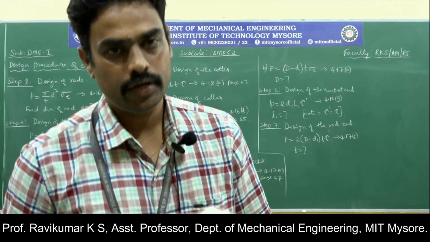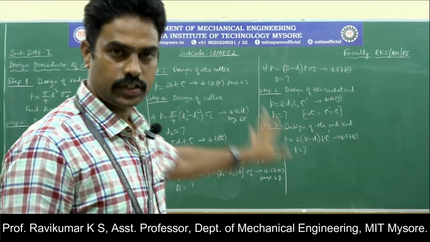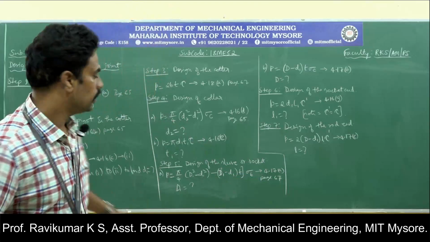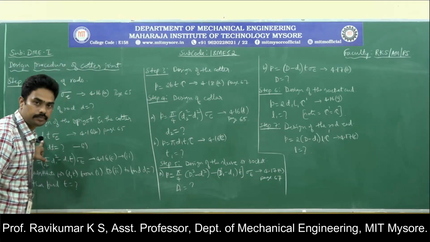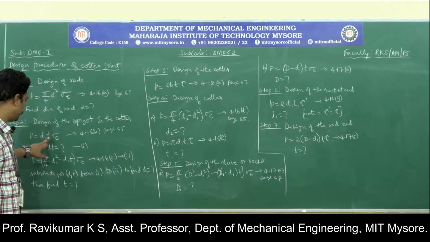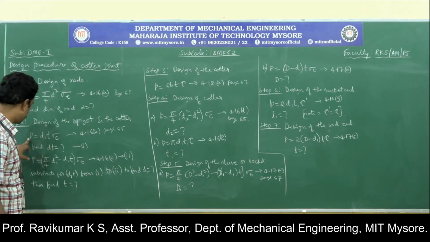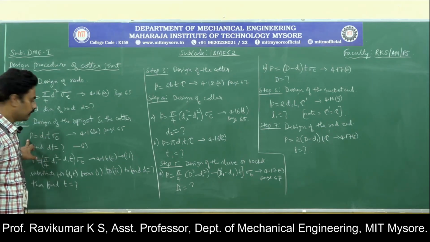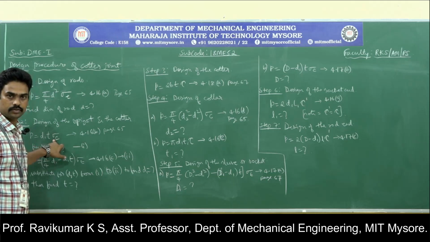For that, again you need to go with the same equations. Substitute into this equation the calculated d1, the calculated t and the given P, and compare with the stress.